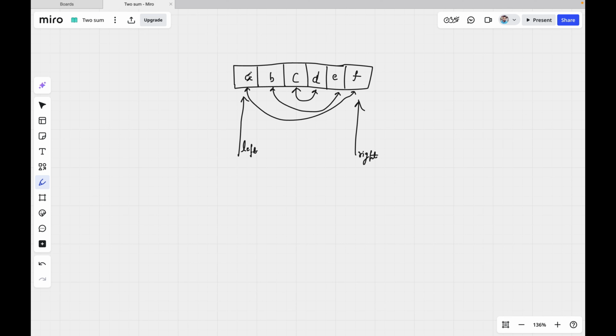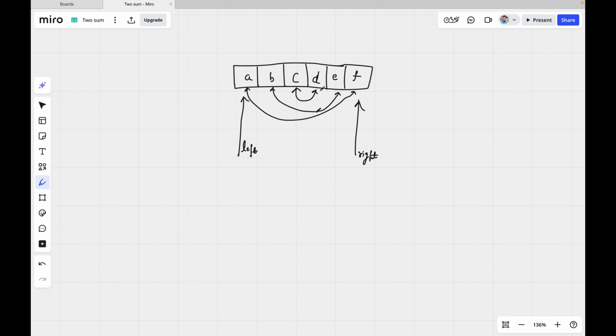When I am at left and right, I will check left and right, do nothing, and just swap these two numbers. Then my left moves from the 0th index to index 1, and right moves from the last index to the second last index. Then again they swap these numbers and again move one step, left one step forward and right one step backward. So like this they will move.